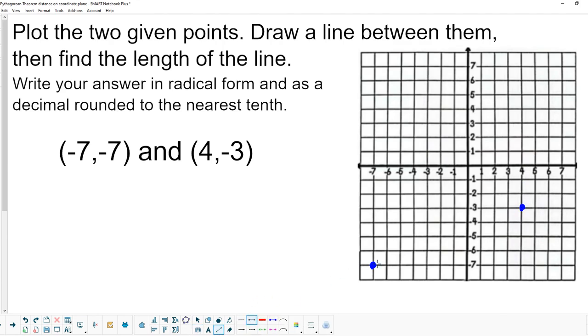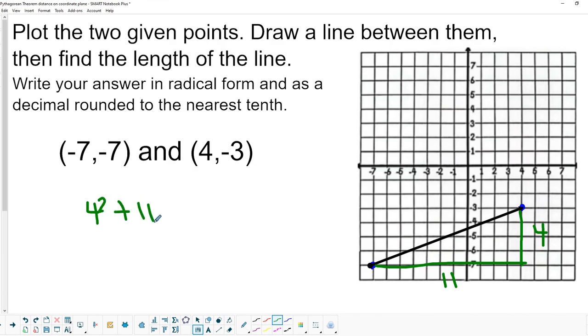So we've got to draw a line for the hypotenuse. And then we can find the base of our triangle and the side of our triangle. And the side is 1, 2, 3, 4 units long. Our base is 11 units long. So we have 4 squared plus 11 squared equals c squared.